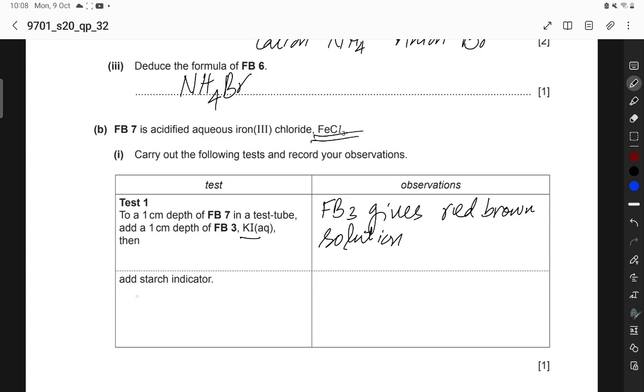And when we add starch indicator, the solution goes blue or black.